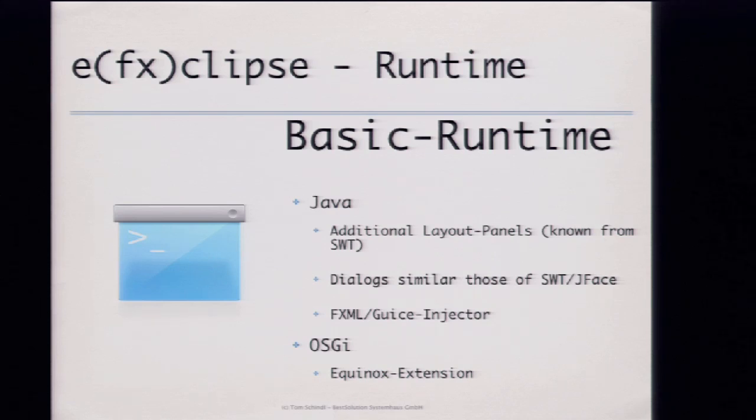So OSGi has no idea where it has to find it. The way I followed was, there's something called Equinox extensions where you can add class loader hooks. You are asked if a class is searched, and I will then locate on the system the JavaFX jar for you. So this helps integrating JavaFX into the OSGi world.